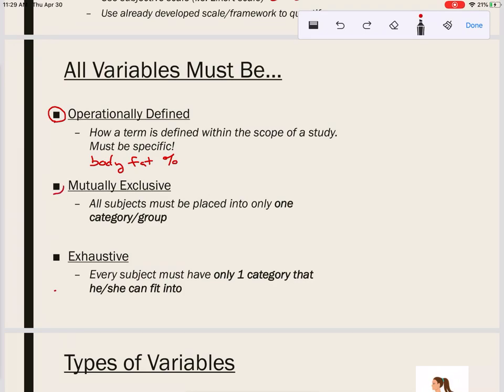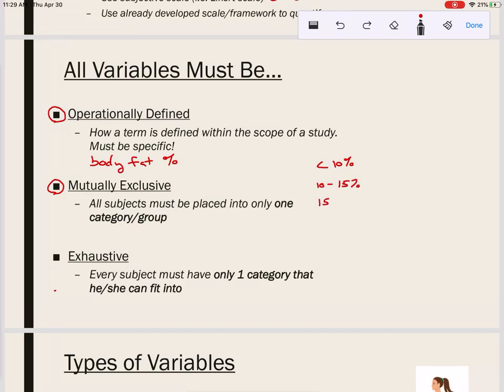Mutually exclusive. This means that everyone must fit into one category. So let's say that I'm doing body fat percentages. How might I define the ranges for that? Let's say that I do a scale such as this.